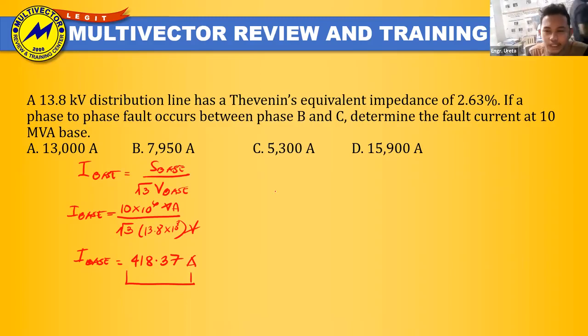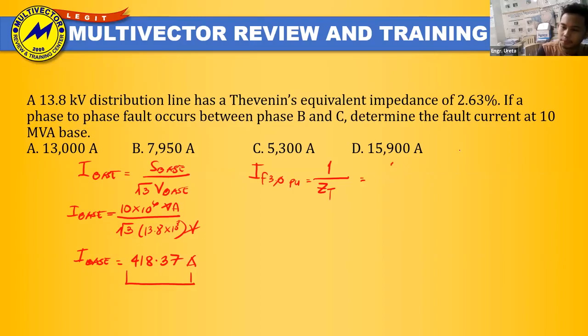Okay, so kunin muna natin or hanapin muna natin kung ano yung ating phase-to-phase fault. Okay, so in terms of three-phase fault, the fault current ng three-phase per unit natin is just equals to 1 all over the total Thevenin's equivalent impedance. Okay, therefore, it is just equals to 1 all over.